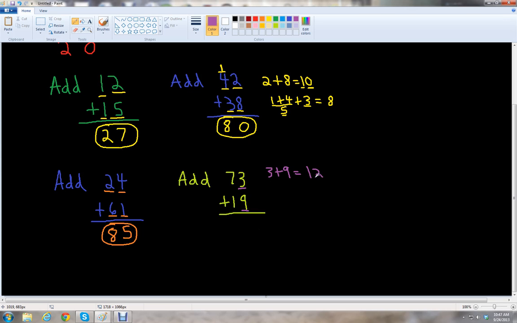Okay, so we're going to write the ones digit of 12, that would be our 2. And then we carry the tens digit, that's going to be our 1. And then we just add 1 and 7 and 1 together. So 1 plus 7 plus 1 for the tens place. So 1 plus 7 is 8, and 8 plus 1 is 9. So we'll have a 9. So 73 plus 19 is 92.